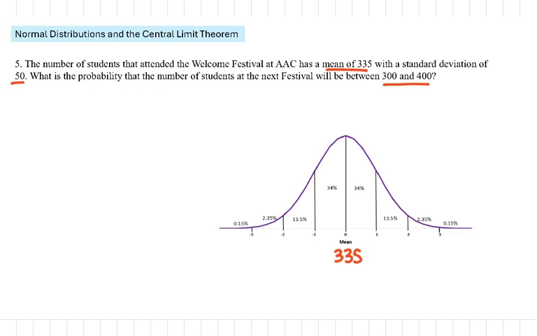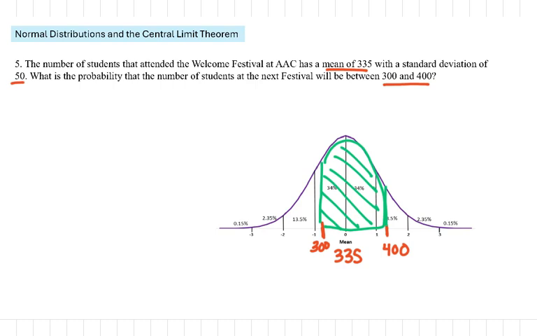And we're saying somewhere in between 300, which doesn't fall on one of those pretty standard deviation lines, somewhere between 300 and 400 is we want this probability, the probability that the number of students at the next festival is in there.